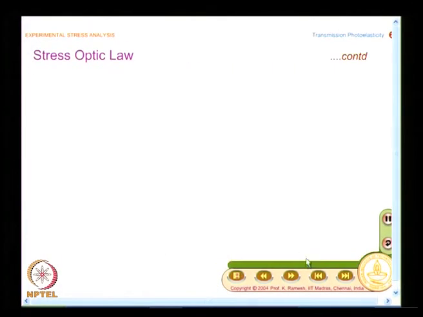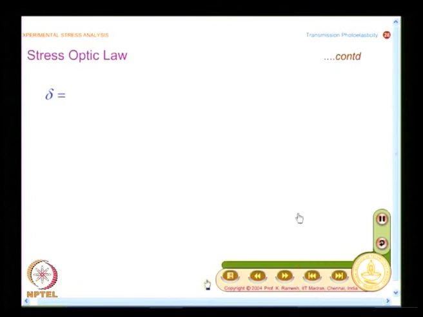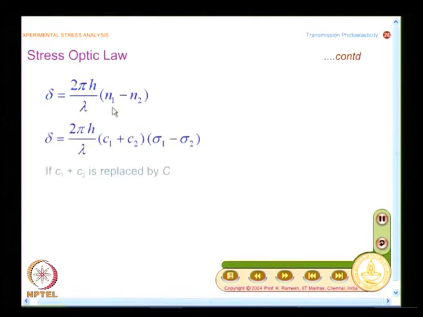Now, I am going to rewrite this delta in a form convenient for us to use, and those steps are fairly straightforward. There is no great mathematics involved here. So, I have this as 2 pi h by lambda into n 1 minus n 2. Now, we know n 1 minus n 2 in a different form. So, I put this as C 1 plus C 2 into sigma 1 minus sigma 2, and this is the material parameter.